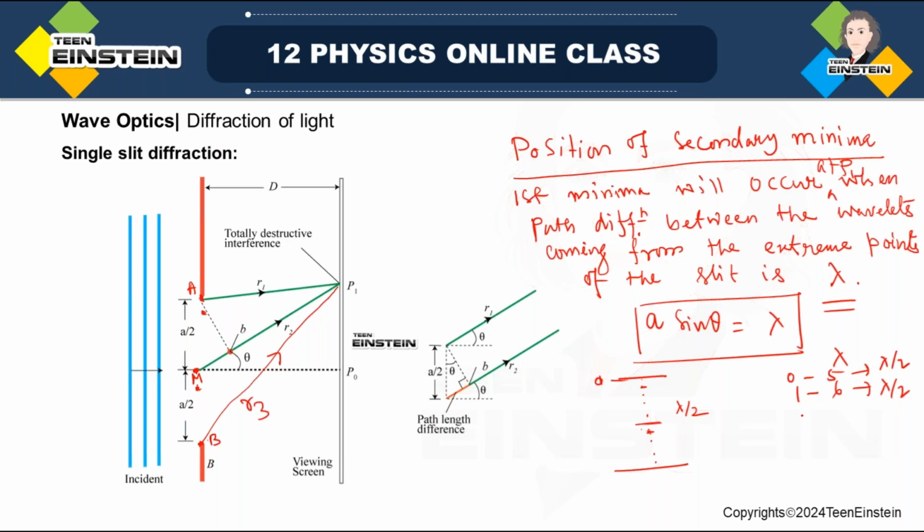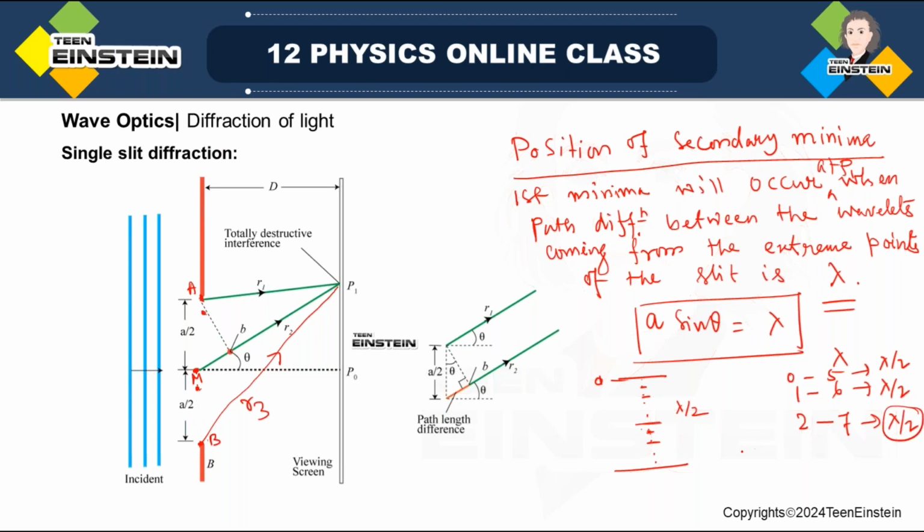Then you will have 2 here and 7 here, so between 2 and 7 there will be path difference lambda by 2. Like that, whatever point you take in the upper half, there will be a corresponding point in the lower half for which the path difference will become lambda by 2.